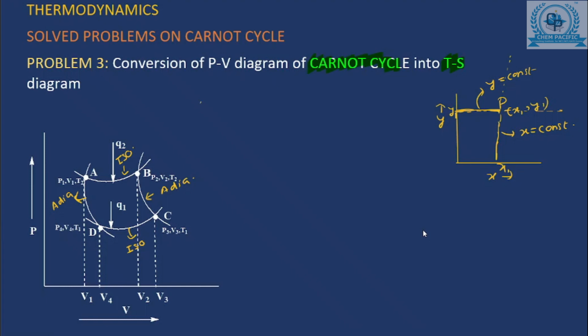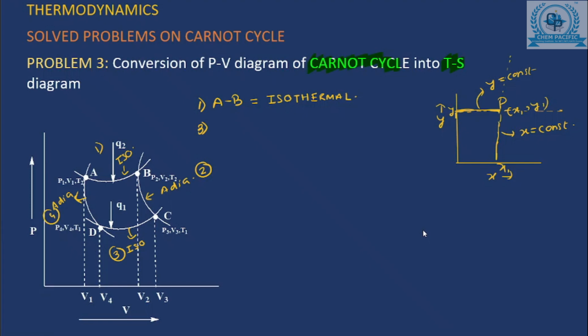तो फर्स्ट जो हम ए टू बी स्टेप कर रहे हैं, ये स्टेप हम देख रहे हैं, this is isothermal step. And again हम देखेंगे कि this is step number 1, this is step number 2, this is step number 3, and this is step number 4.